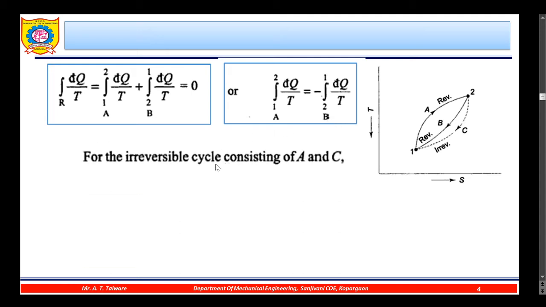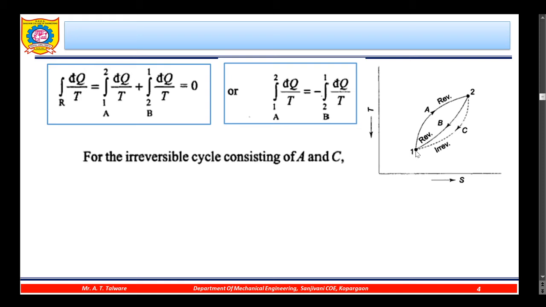Now consider the irreversible cycle consisting of A and C, that is, process A and the reverse process C. If any one process in the cycle is irreversible, the cycle becomes irreversible.